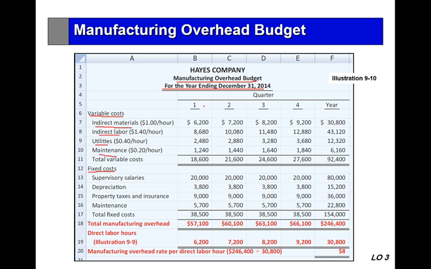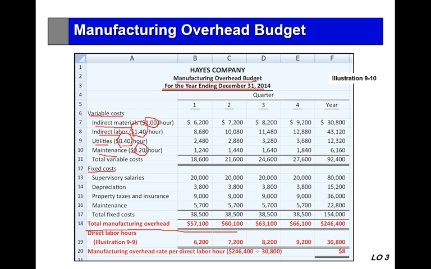And for the first, second, third, and fourth quarters, we have to apply these rates: $1 per hour, $1.40, 40 cents, and 20 cents, to what? To direct labor hours.